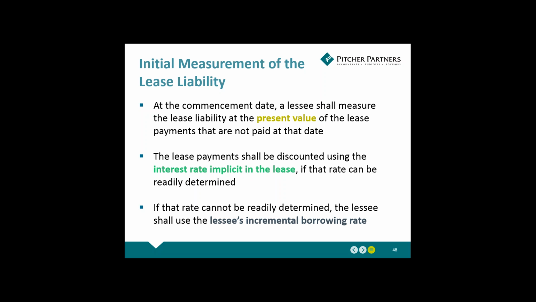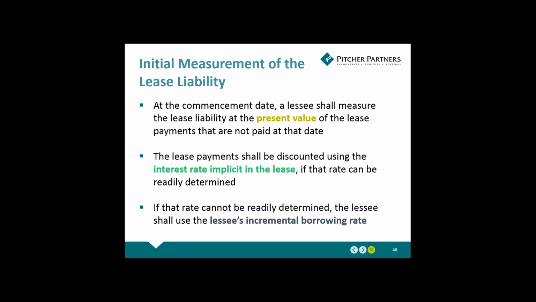The lease payments shall be discounted using the interest rate implicit in the lease, if that rate can be readily determined. So if you can determine the rate that they've used to come up with your payments, if it's in your contract, etc., that's your first preference. In my example, I've said it's not readily determined, and therefore I've said you'll use the lessee's incremental borrowing rate, which in my example I said it was 10%.